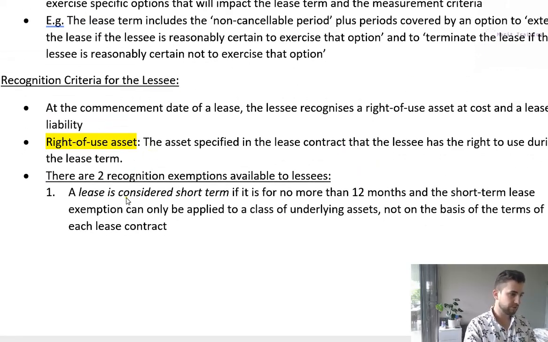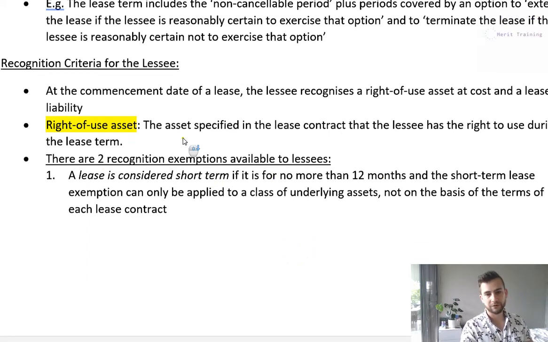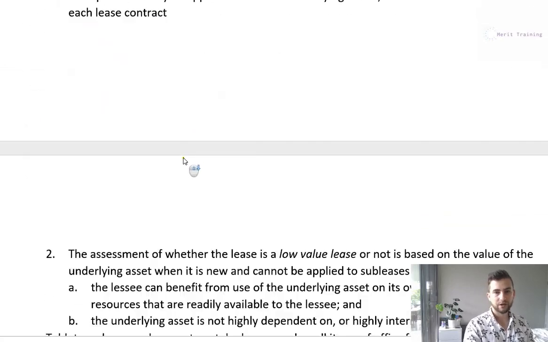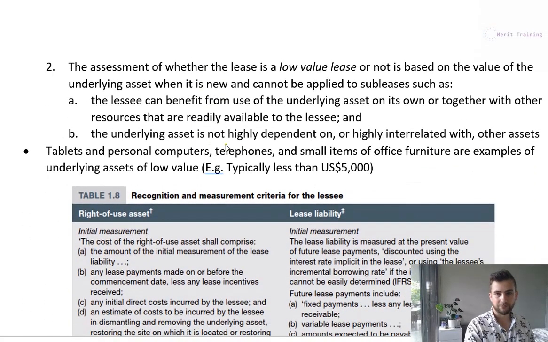Okay, so there are 2 recognition exemptions available to lessees. Number one, a lease is considered short term if it's no more than 12 months. A short-term lease exemption can only be applied. So basically what we talked about before, if it's an asset that's less than 12 months and immaterial, you don't have to follow the rules here. But the assessment of whether the lease is low value, it needs to be low value as well, is based on the value of the underlying asset when it's new, and cannot be applied to subleases.